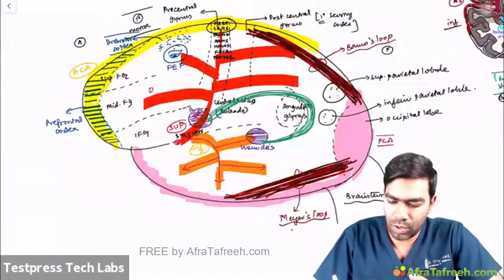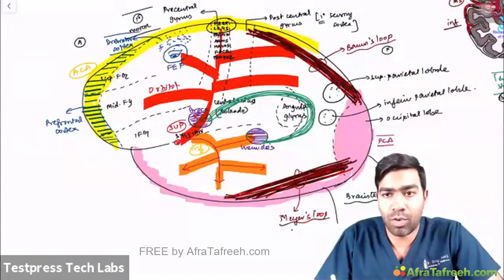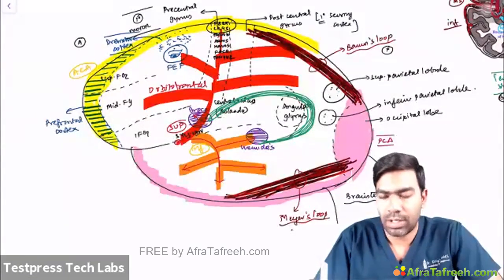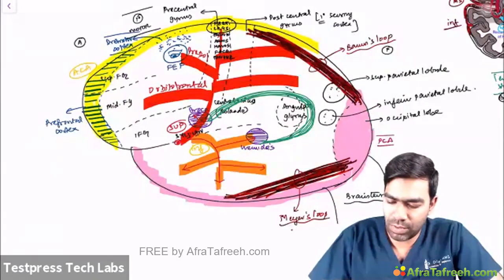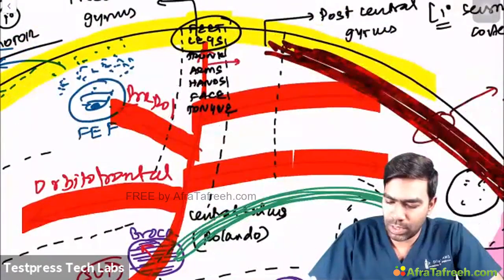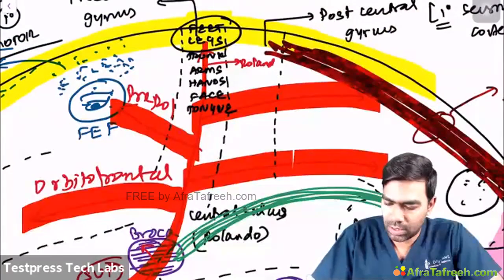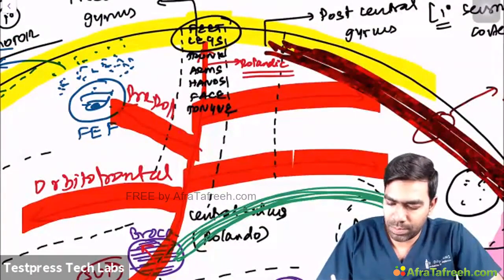For example, if I want to write here, this is an orbitofrontal branch, and this is going to be the pre-Rolandic one. And this branch, the one which we have talked about, is going to be the Rolandic branch. So this is the pre-Rolandic one.